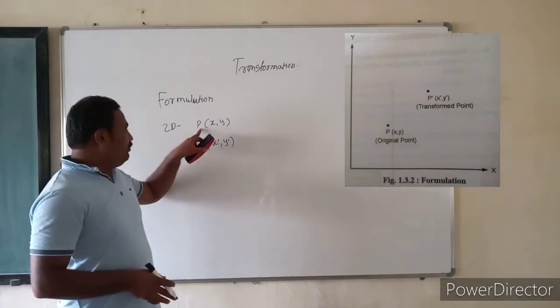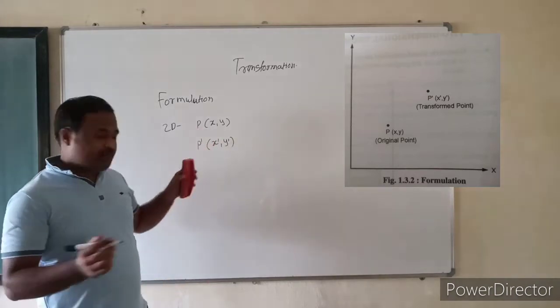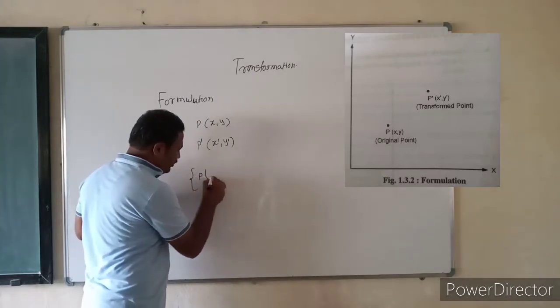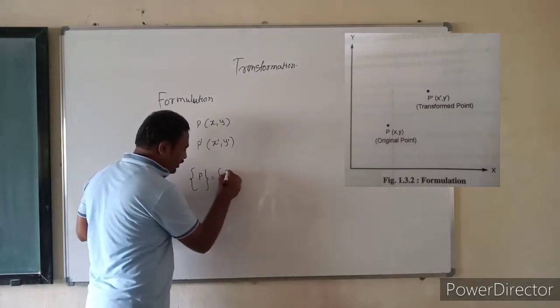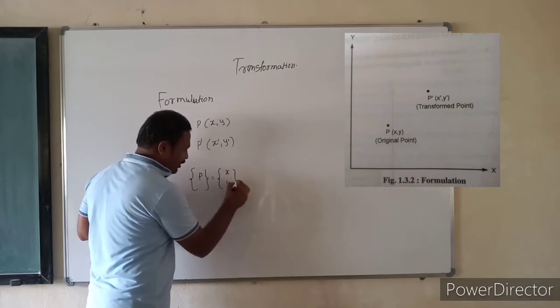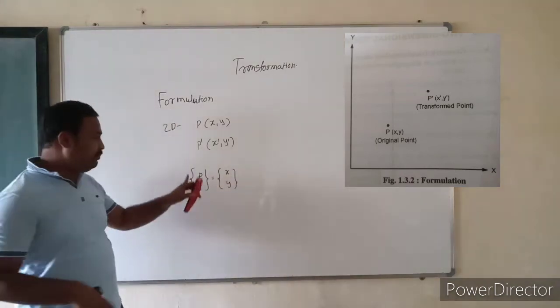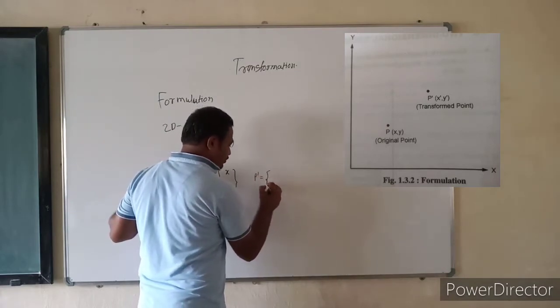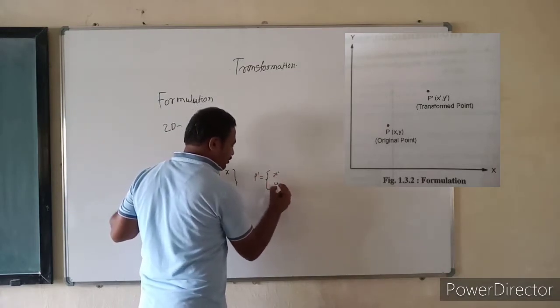If you write P in matrix form, then P is equal to x y, and P dash is x dash y dash.